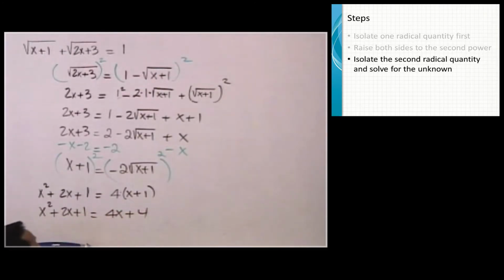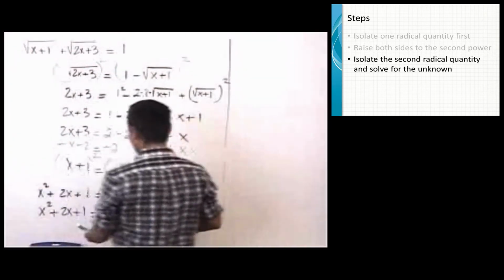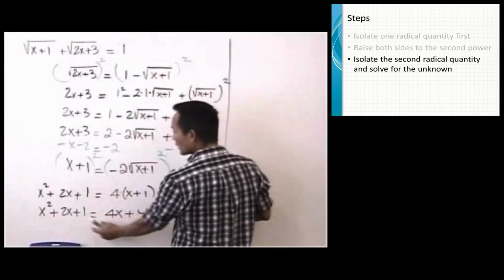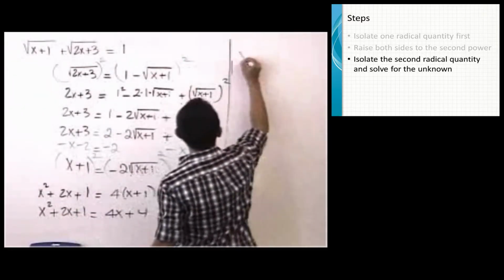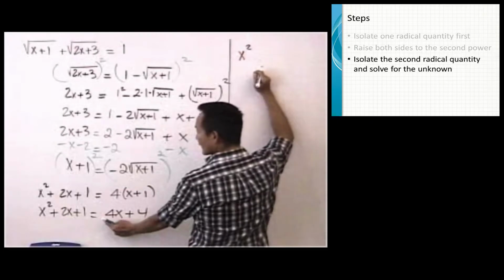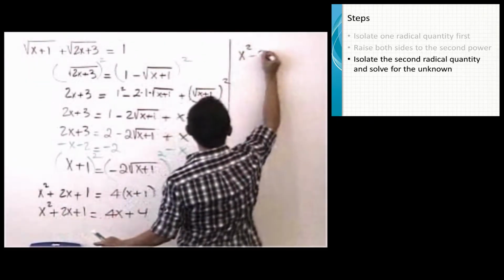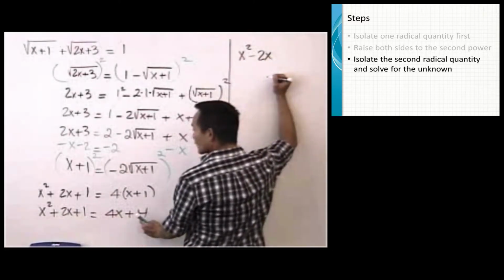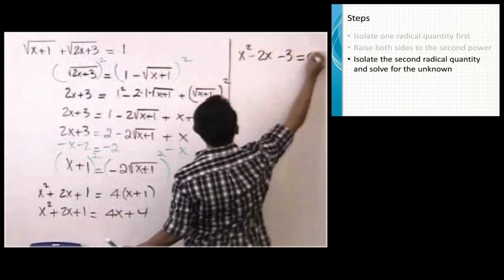And then we want to solve for the unknown from here. We have to rearrange terms. So I'm going to shift everything to the left side of the equation. I have x squared. I subtract 4x. With 2x, I have negative 2x. I subtract 4. With 1, I have negative 3, equals 0.